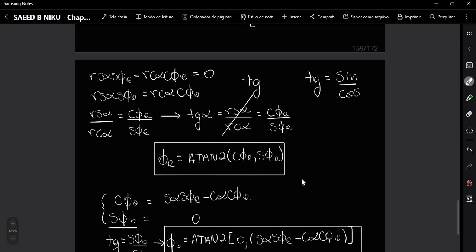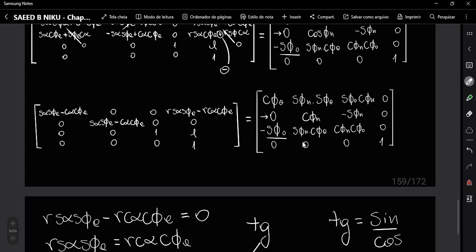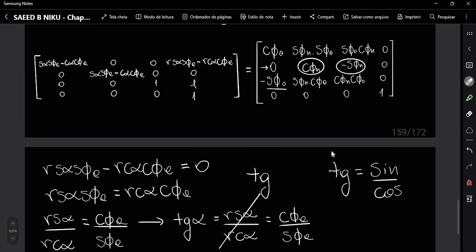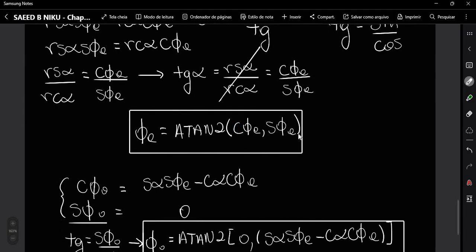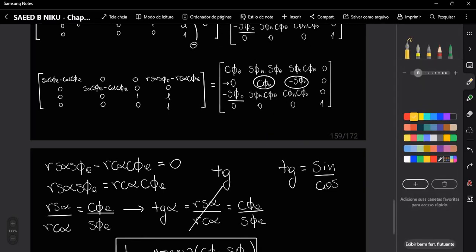For phi n, let's find right here phi n. Right here, phi n and cosine of phi n. Let me see if I do it right here. I was using cosine of phi o. Right, cosine of phi o. So we can even do it this way.